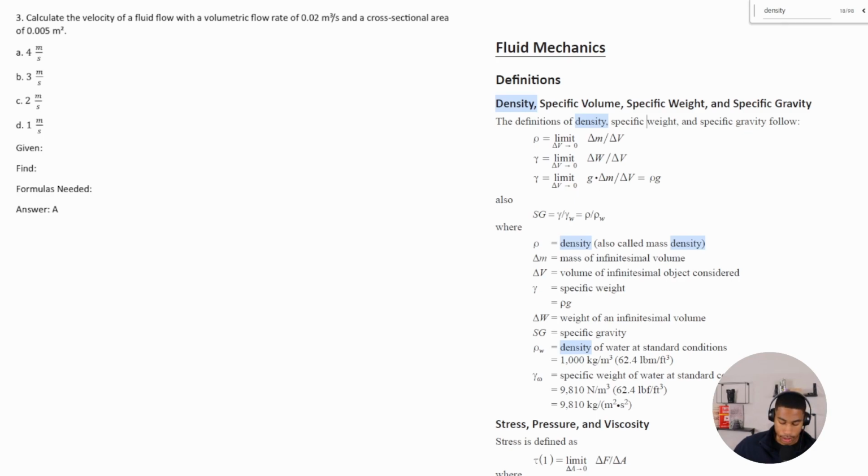What information are we given? Well, we're given the flow rate, 0.02 meters cubed per second, and we're also given area, 0.005 meters squared.